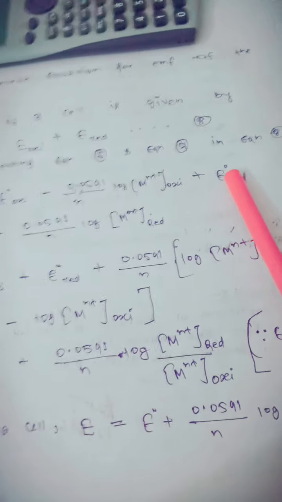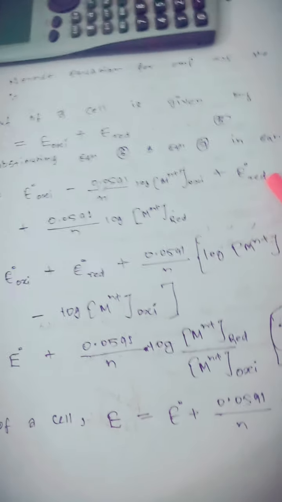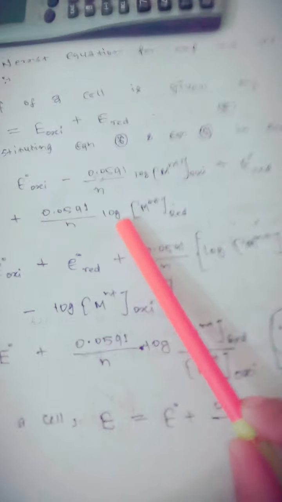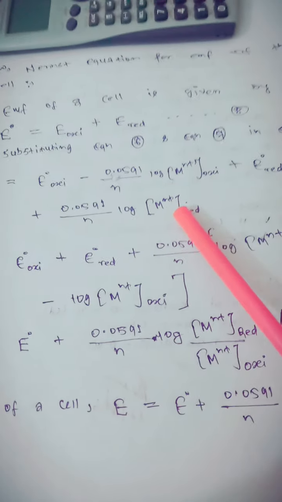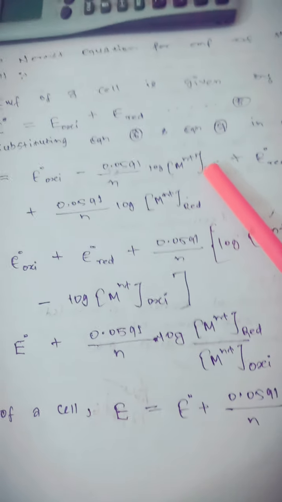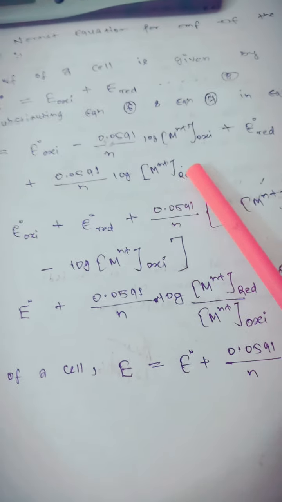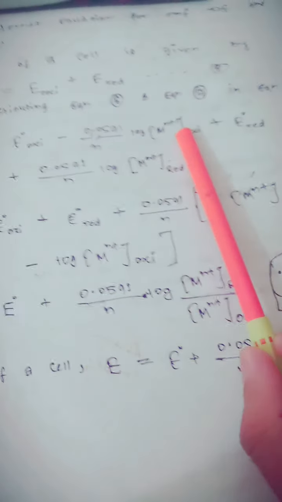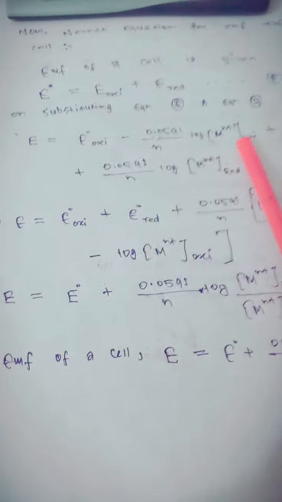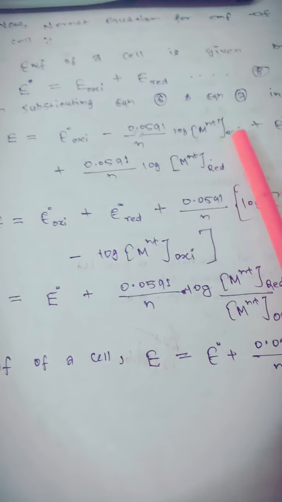And this is my reduction potential value, so I added E naught reduction plus 0.0591 by n into log M power n plus reduction. I have to write down base reduction and base oxidation here, because I am doing it for the oxidation potential and the reduction potential.